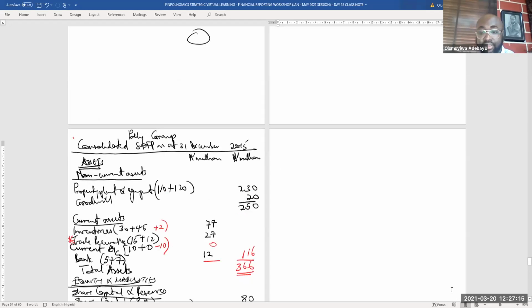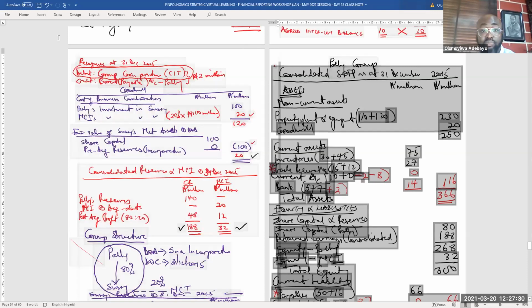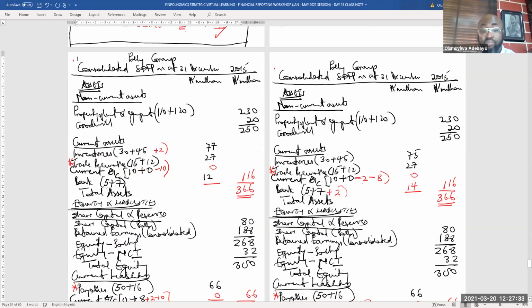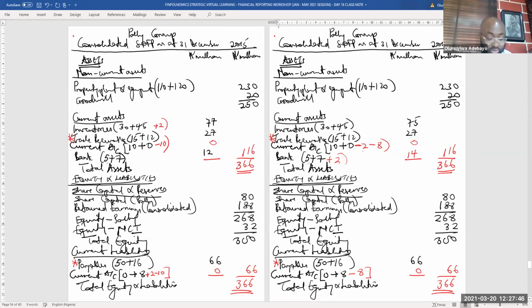This is the former balance sheet when it was cash in transit, and when we adjust the cash in transit against receivable, we are putting it side by side with it. Now, let me show you where the differences lie.